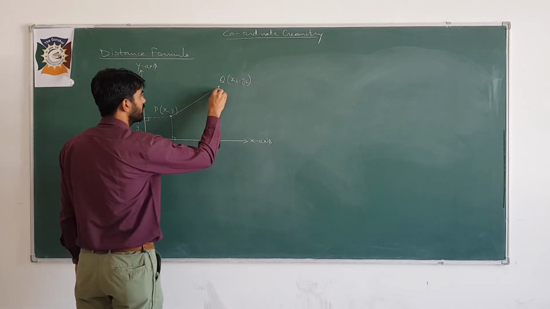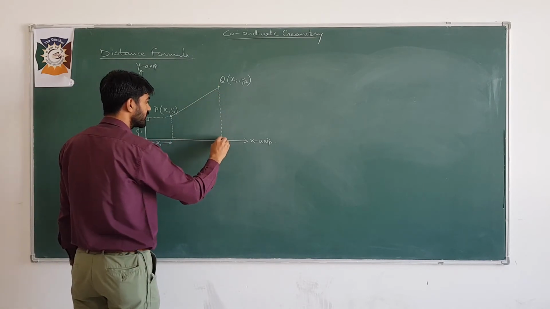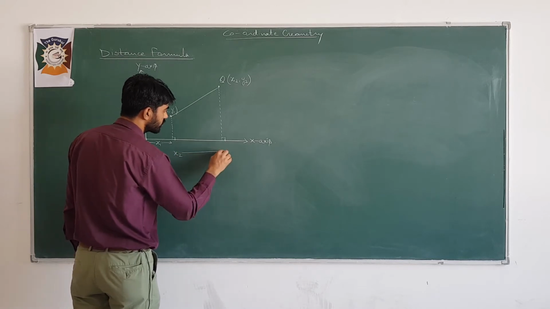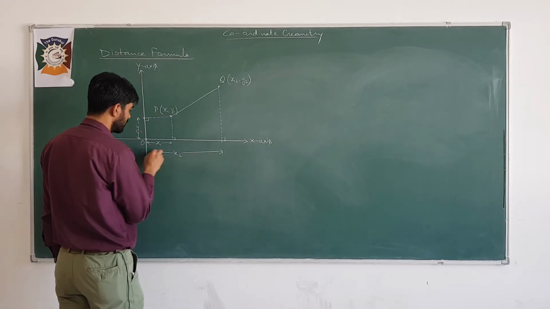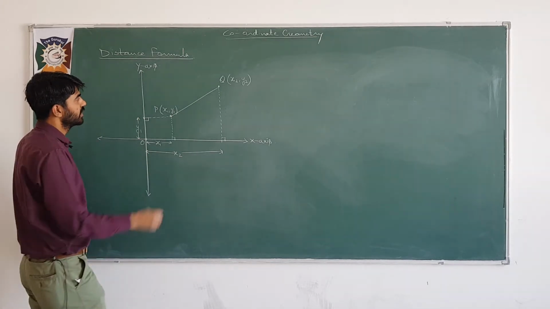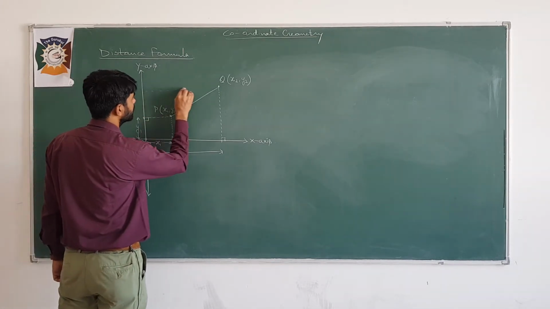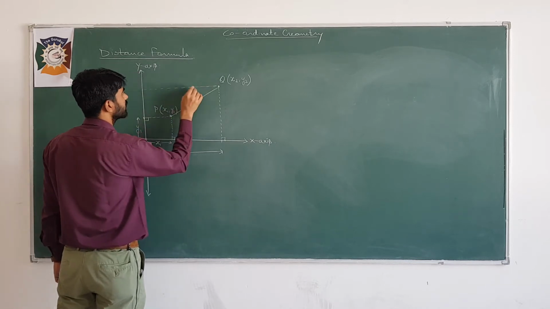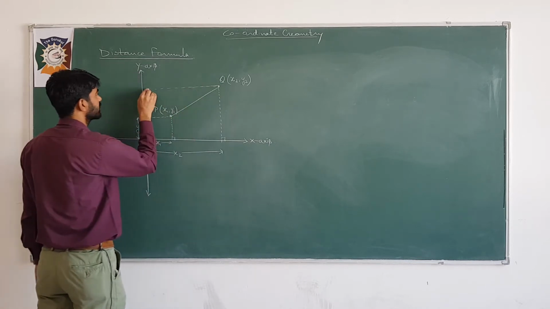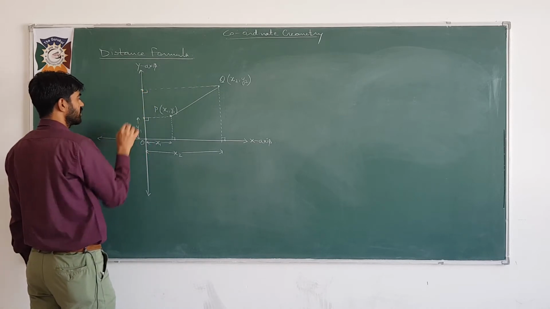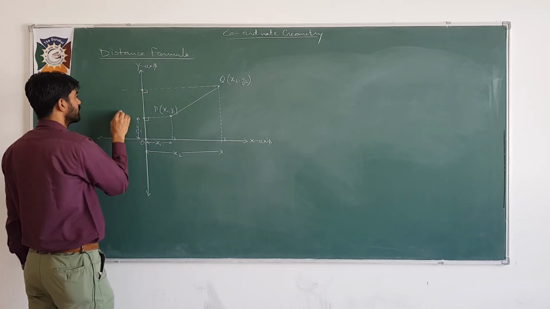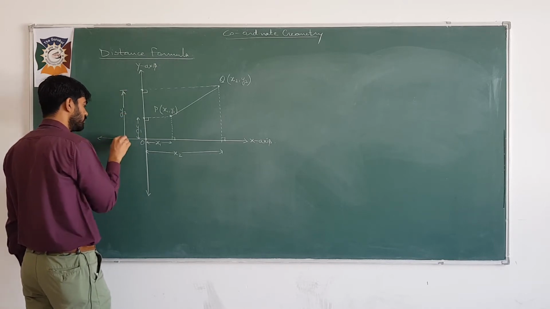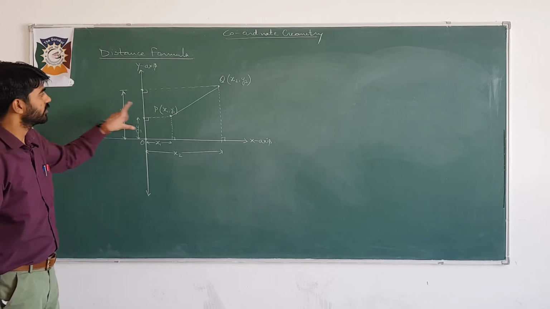Similarly, if I draw perpendicular from this point on x axis, this distance is x2, and on y axis this distance from here to here is y2.